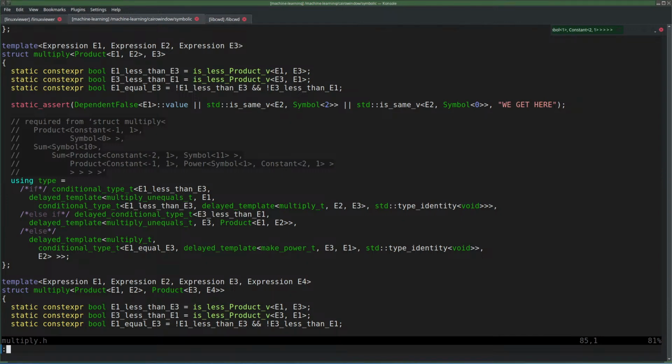Nope. Well, this thing isn't firing anyway.